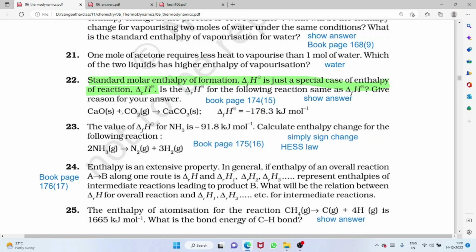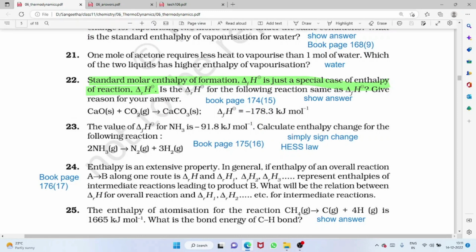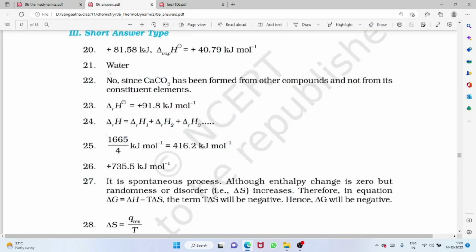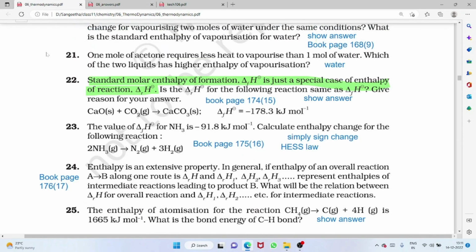Here CaCO3 is not formed from its constituent elements, so the reaction enthalpy is not equal to the formation enthalpy. Since CaCO3 has been formed from other compounds and not from its constituent elements, these two are not equal.